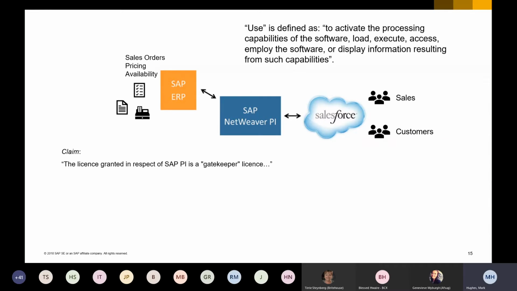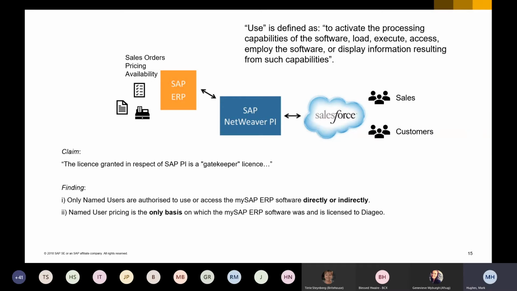There was a lot of digits in the values being discussed, but in the end, the outcome by the arbitration was that the finding was that only named users are authorized to use ERP directly or indirectly, and that named user pricing was the only basis ERP software was or is licensed to Diageo.